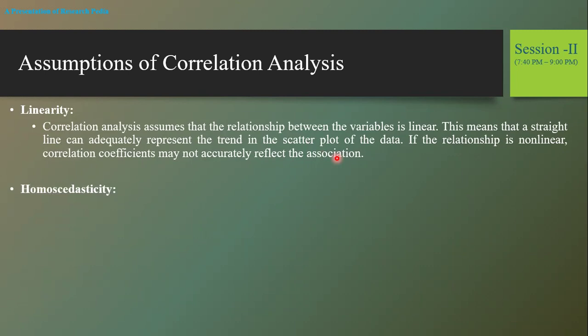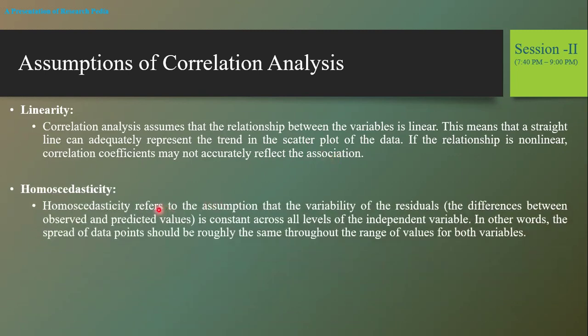The next thing is homoscedasticity. Homoscedasticity refers to the assumption that the variability of the residual, the difference between observed and predicted value, is constant. Basically, the data set given to us is the observed values, and when we estimate some values as predicted values, we need to see whether the difference between observed and predicted value is constant across all levels of independent variables.